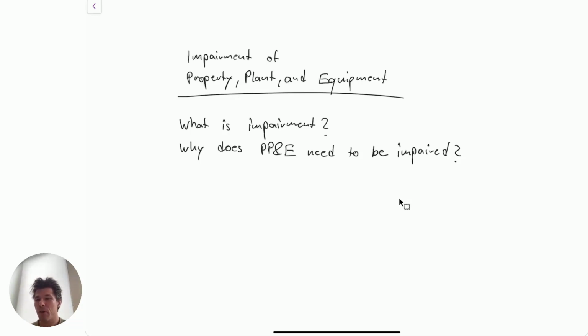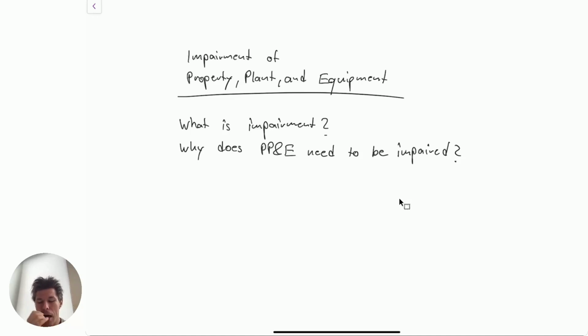Recoverable amount, think about, okay, if I need to get rid of this asset, what money do I get, or if I think about this asset producing value, what is the cash flow that it generates, which is also included in the word recoverable amount. So recoverable amount, really, what do I get from this asset?